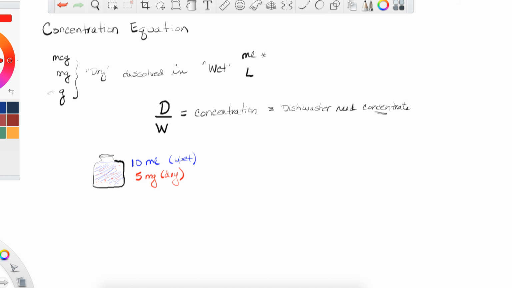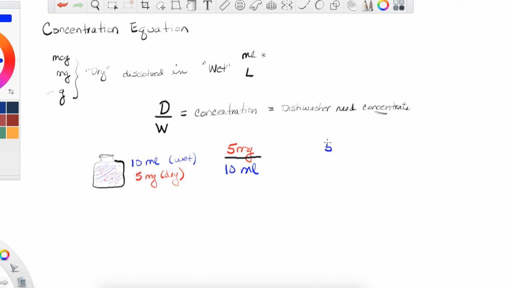So if I wanted to find out how many milligrams were in every single milliliter of fluid in here, then I would take my dry dose, which is my 5 milligrams, and then I would divide it by my wet volume, which is 10 milliliters.